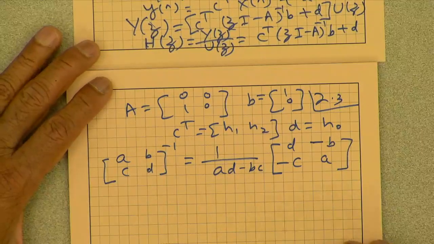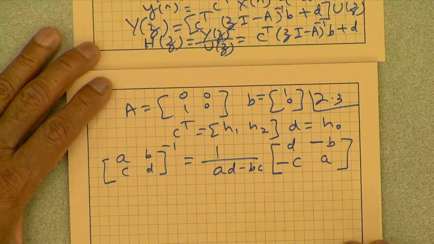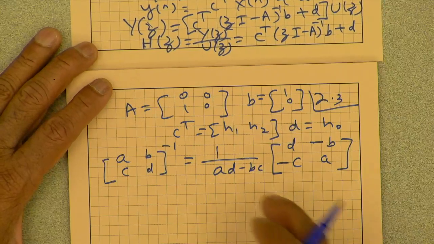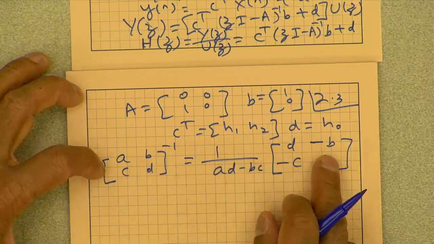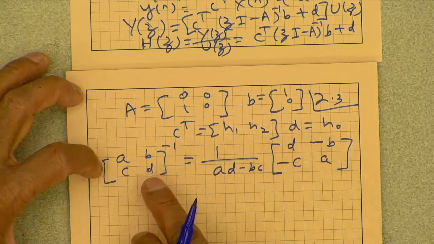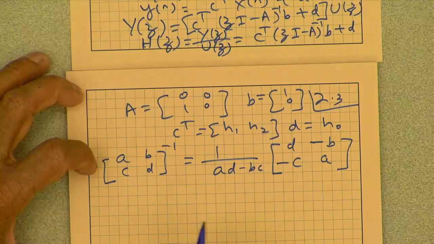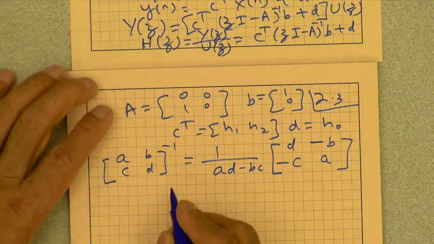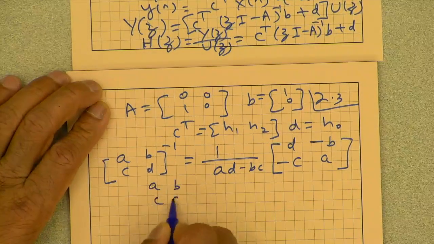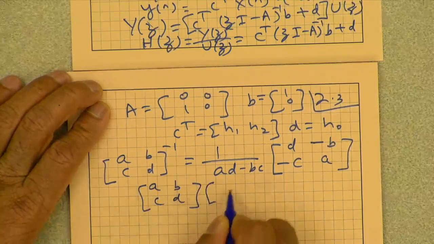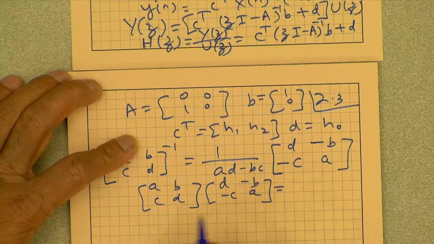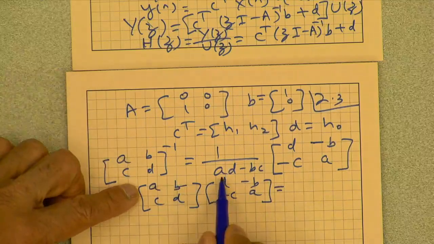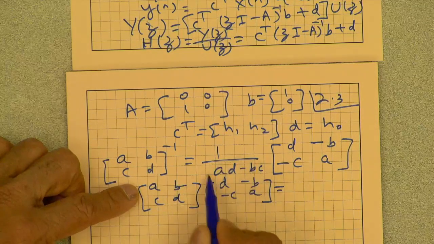Okay, so now if you want to quickly check that indeed this times that is equal to identity, so if you take the A, B, C, D times D, minus B, minus C, A, the first row, first column is AD minus BC divided by that.